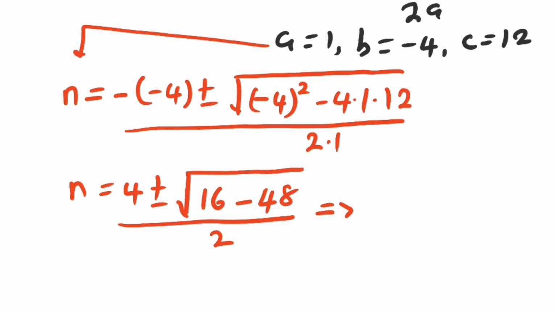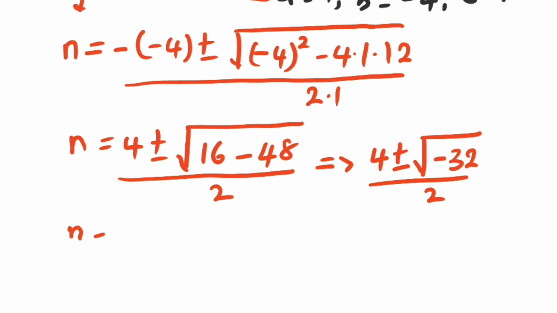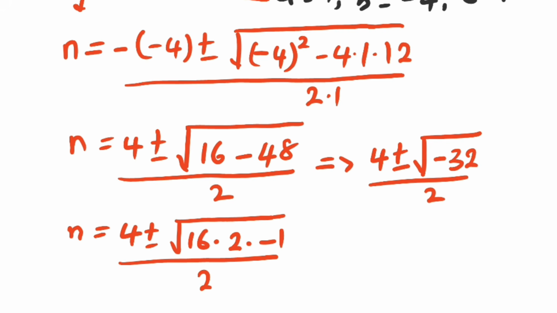And this is the same thing as 4 plus or minus square root of 16 minus 48, that is minus 32, over 2. n is equal to 4 plus or minus square root of minus 32 can be written as square root of 16 multiplied by 2 multiplied by minus 1 over 2.